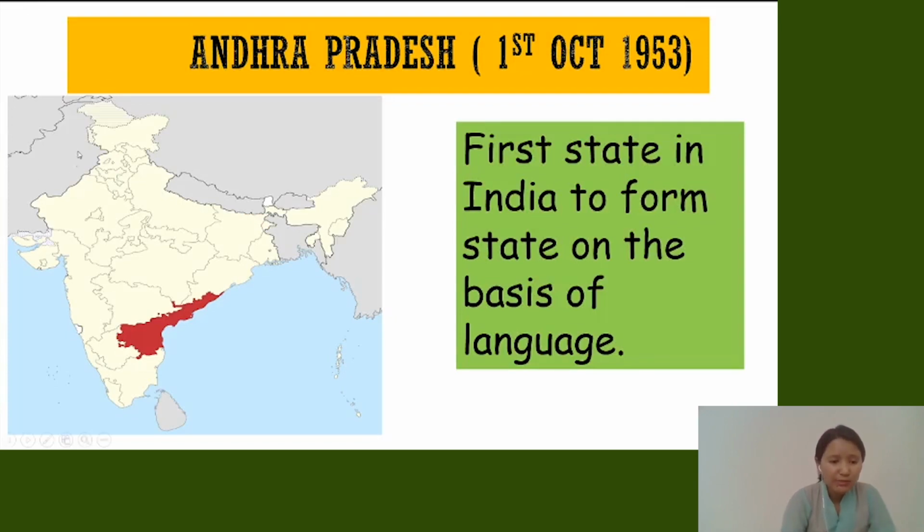Andhra Pradesh was previously part of the bigger state called Madras. Madras consisted of Karnataka, Kerala, Tamil Nadu and Andhra Pradesh. Later, after 1947, the Telugu speakers in this region demanded a separate state for themselves. So because of that, the government of India created a new state, Andhra Pradesh, for the Telugu speakers.